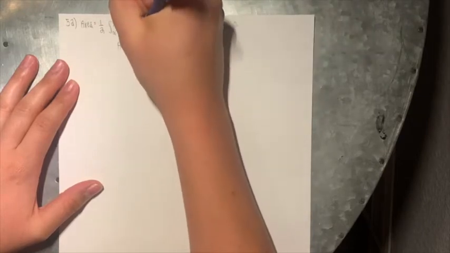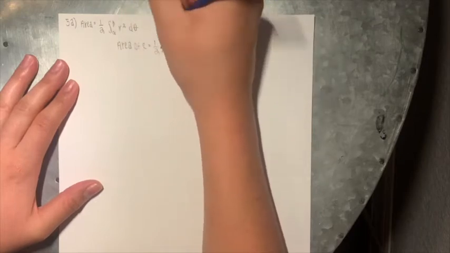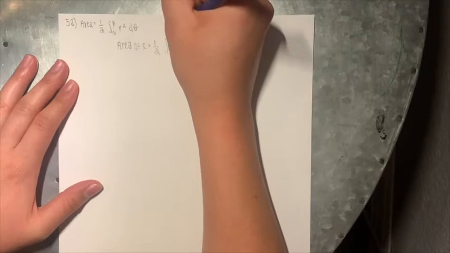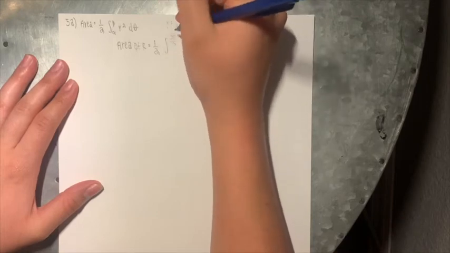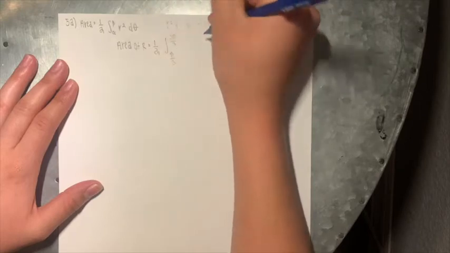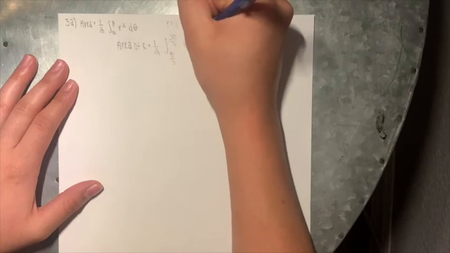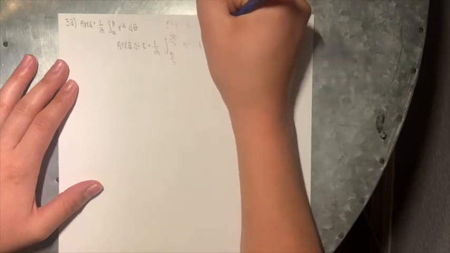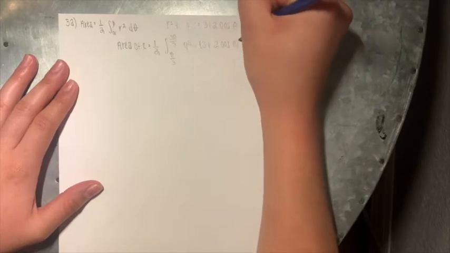So area of R equals 1/2 times the integral from 5 pi over 3 to pi over 3. And then this is where I'm going to subtract the two R values. So we have to square R. So 4 squared minus (3 plus 2 cosine theta) squared d theta.